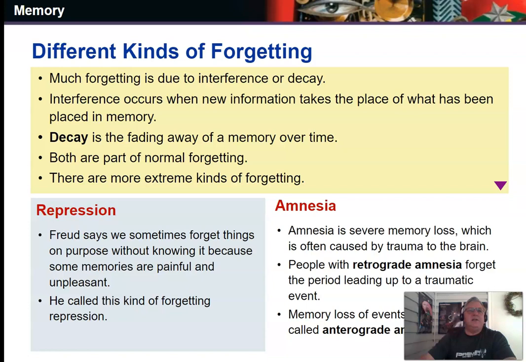He called this kind of forgetting repression. Amnesia is a severe memory loss which is often caused by trauma to the brain. People with retrograde amnesia forget the period leading up to the traumatic event. Memory loss of events after trauma is called anterograde amnesia.